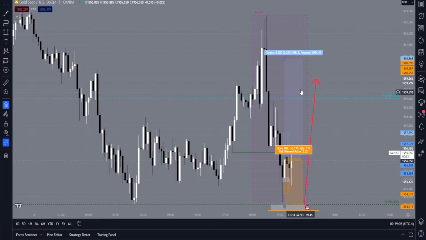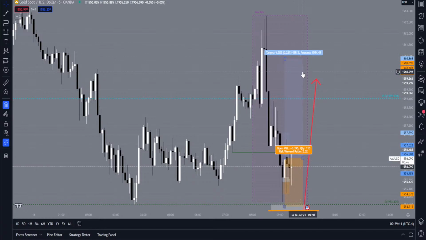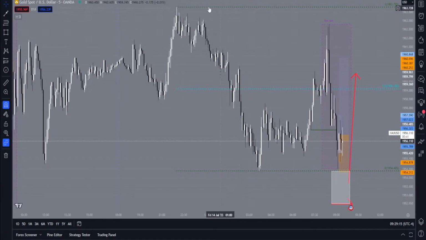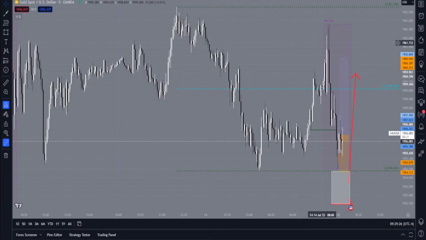Right now we're just waiting to see what happens. I do believe price could reverse here and keep going higher, but overall it could also just keep going lower because New York looks like it was the OTE of earlier today. It moved up to like the 60-something fib retracement or even the 80, and now it's going lower.